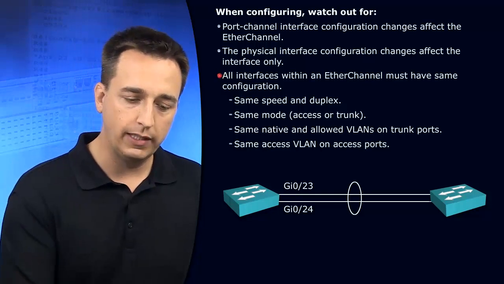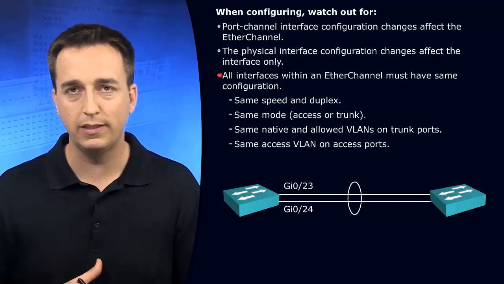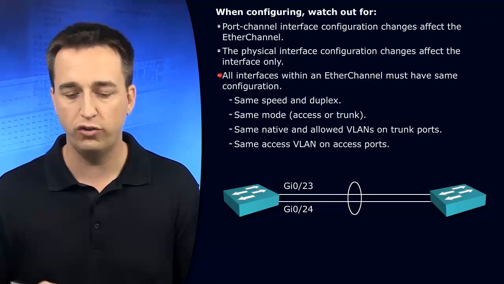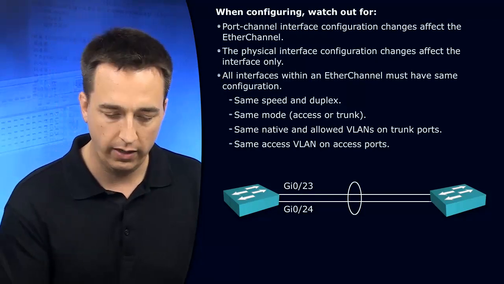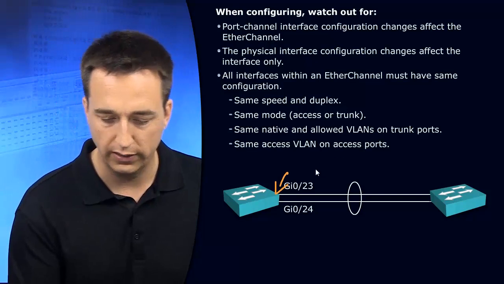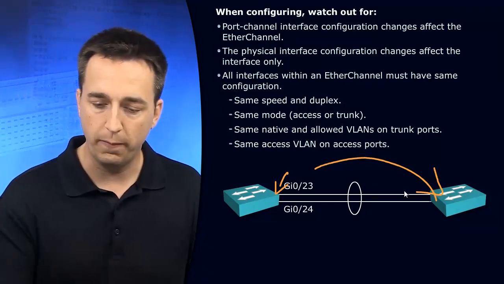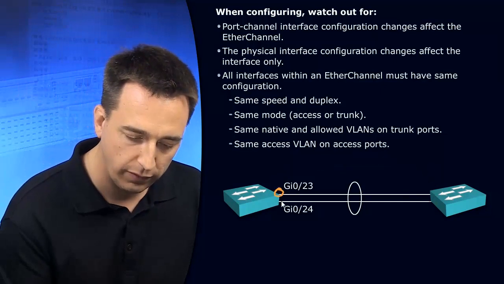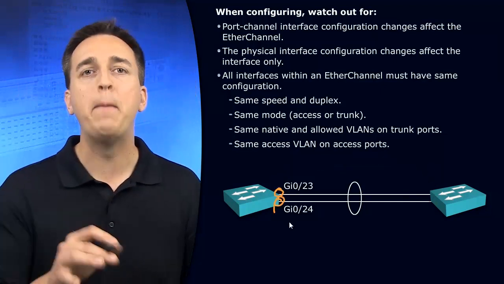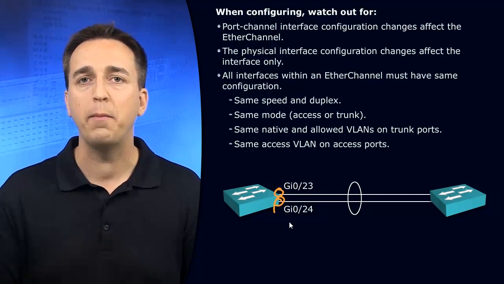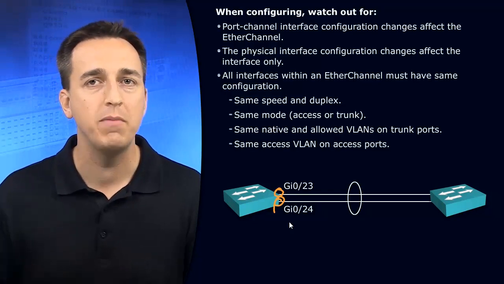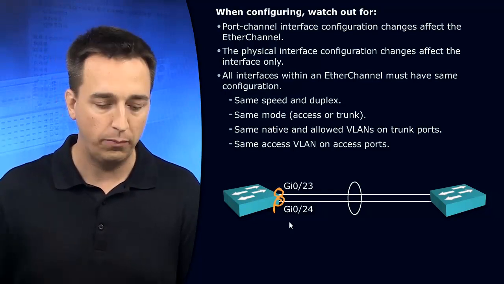It's important to realize that all interfaces within an EtherChannel must have the same configuration. Now, we're not referring to the configuration of this has to be the exact same as this. No, that's not what we're referring to. We're referring to these two physical ports here. They must have certain parameters that are the exact same if we want a successful EtherChannel bundle to be formed.